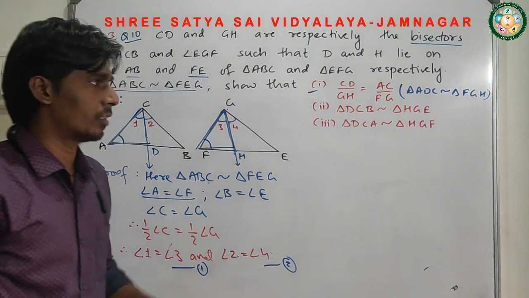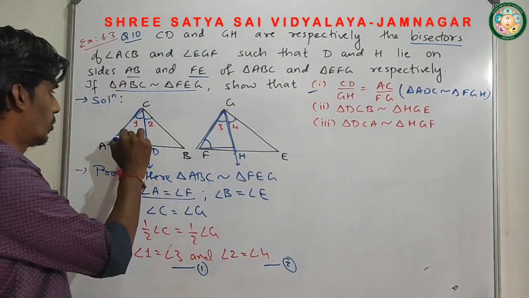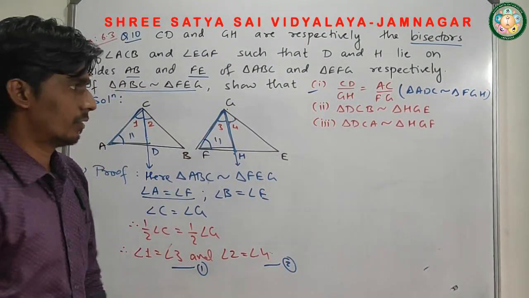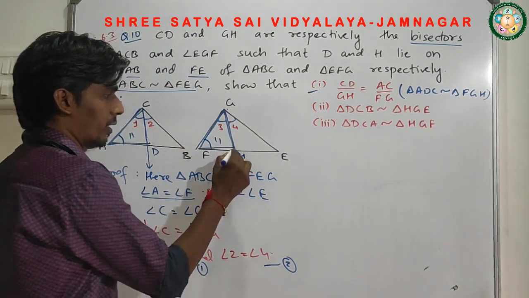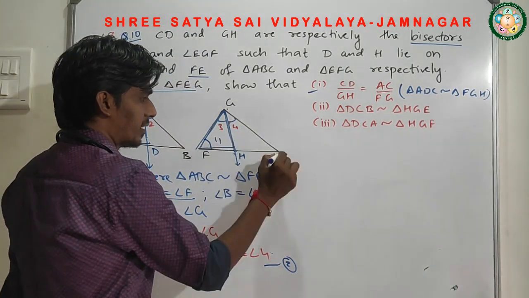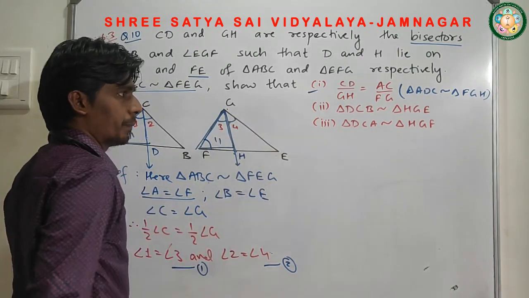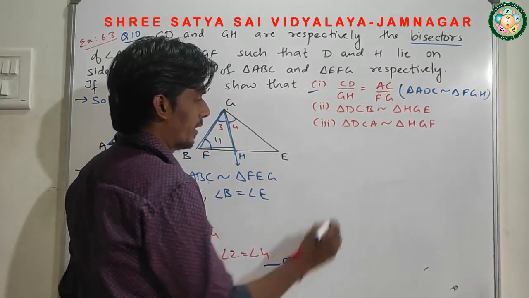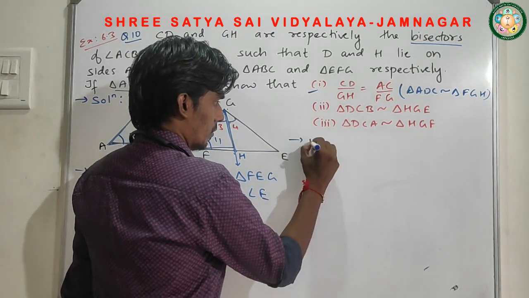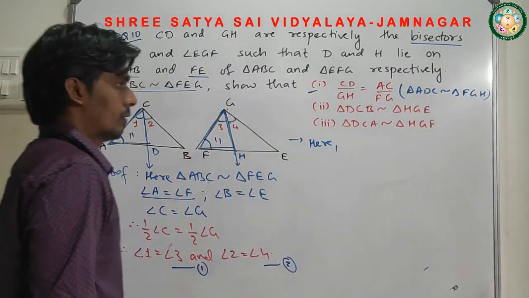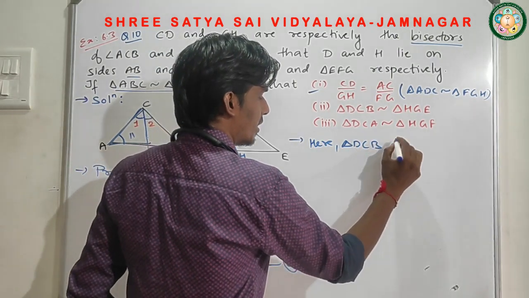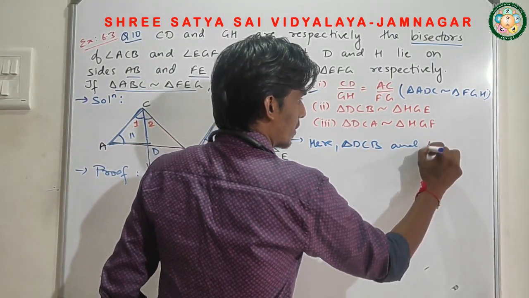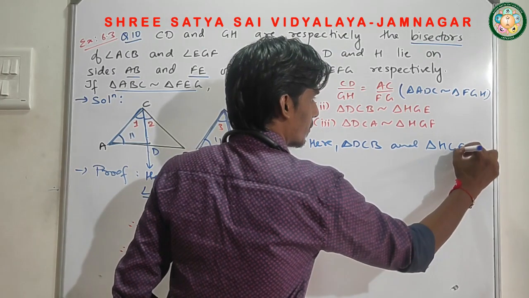This is the hint: to prove this one, we have to prove these two triangles similar. Now take another two triangles, DCB and HGE. To prove this DCB similar to HGE, here again, for triangle DCB and triangle HGE.